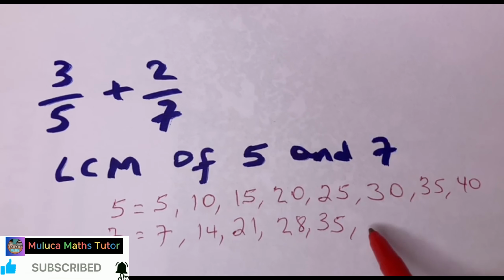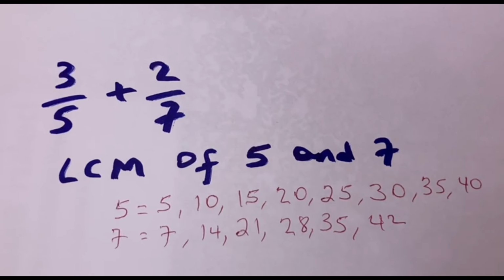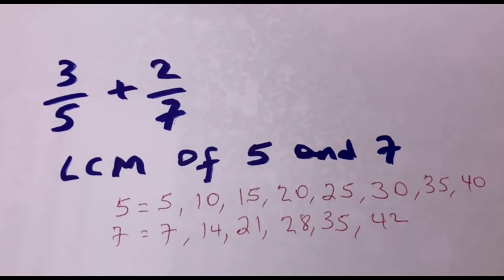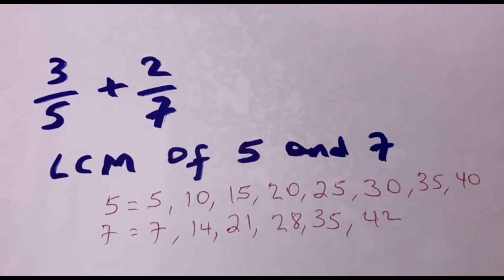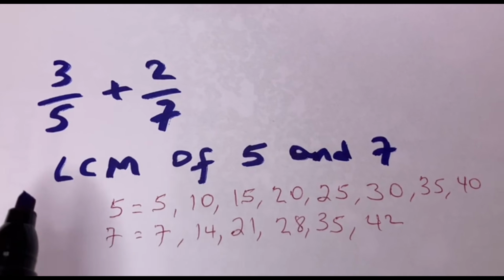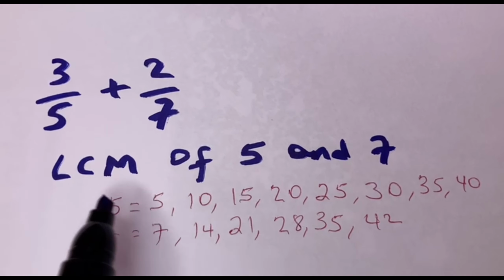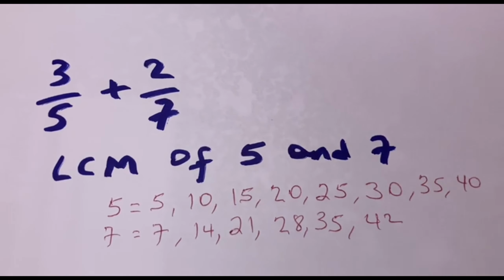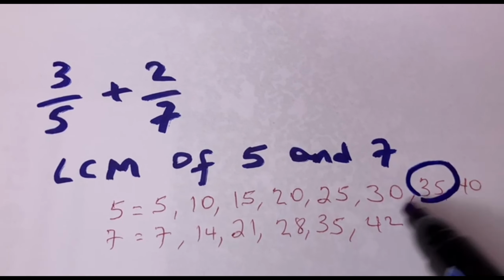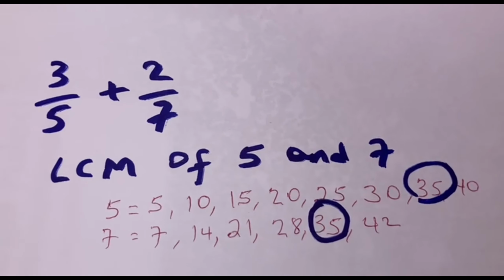So when we see here, the least common multiple is the smallest common multiple. The smallest common multiple for both of them is 35.